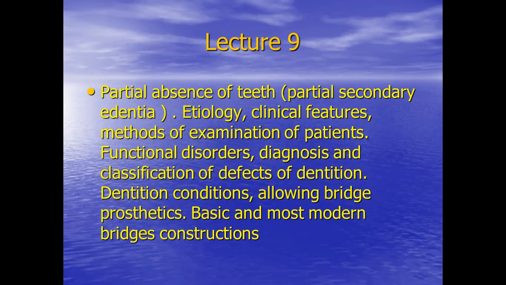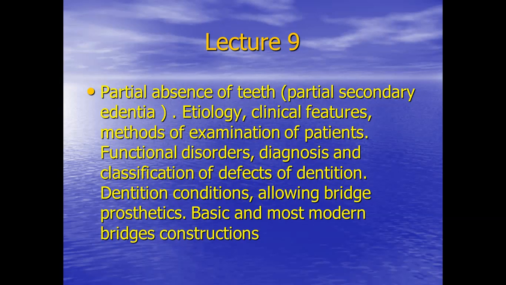However, the most common pathology of dental origin is partial absence of teeth or partial edentia. And from this lecture and the next lectures, we will talk about the treatment of absence of some teeth in a human being.